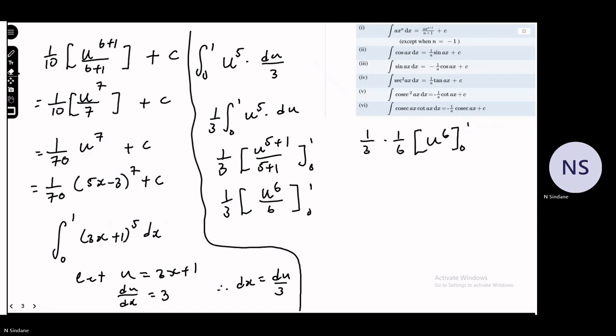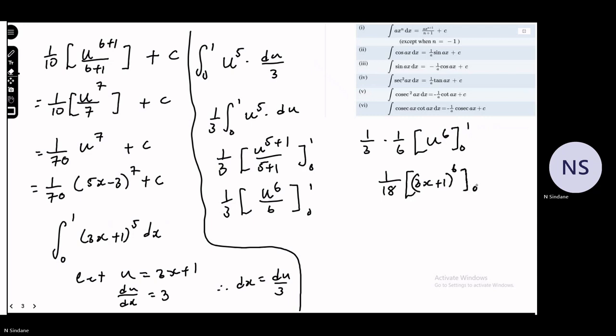This is 1 over 18 times u, I know what u is, I can substitute it, which is 3x plus 1 to the power 6 from 0 to 1.